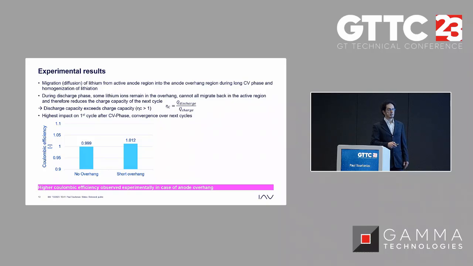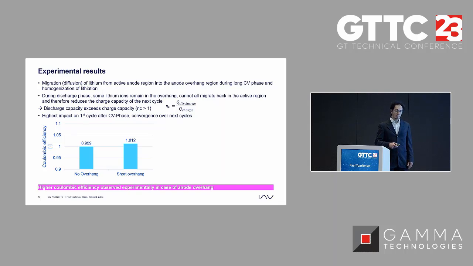So looking at the overall results from the testing, what we see and what we expect is that some lithium ions diffuse from the active region into the anode overhang region during the CV phase, and to get some homogenization of that region.